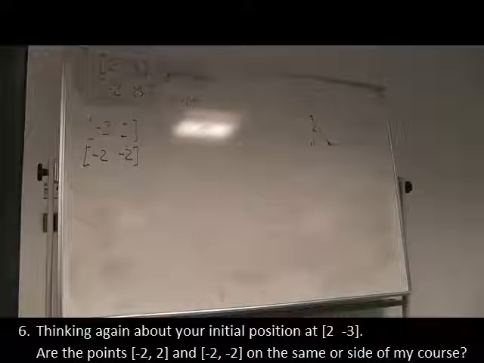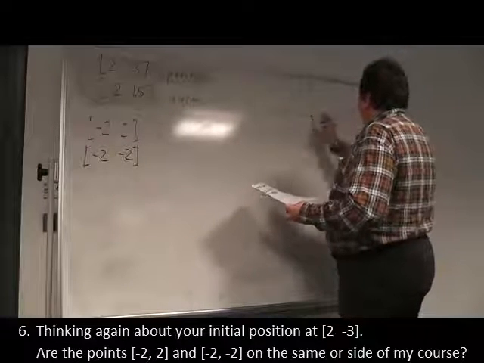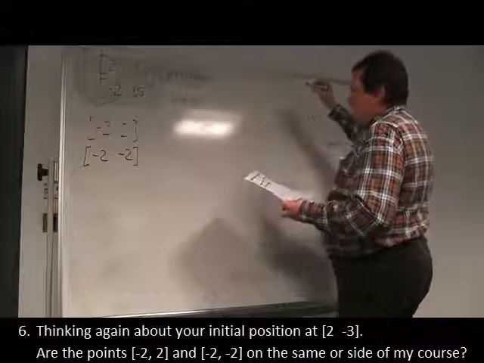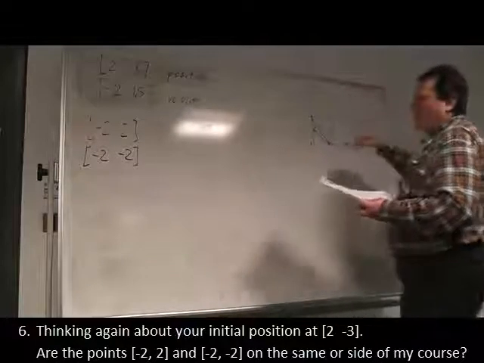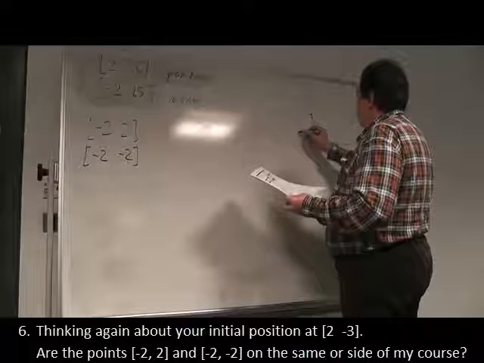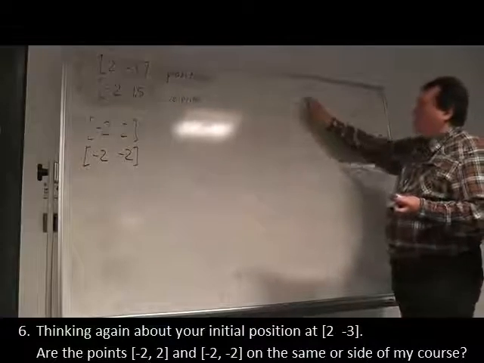And let's draw them here on this diagram. Minus 2, 2 is somewhere here. That's one point. And the other point, minus 2, minus 2, will be somewhere here. Okay, so point number 1, point number 2.